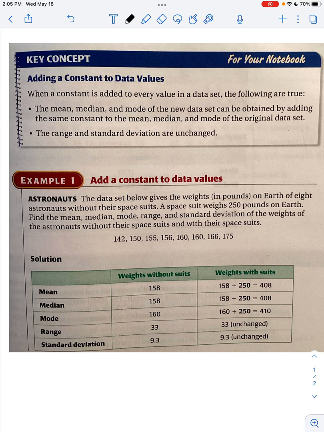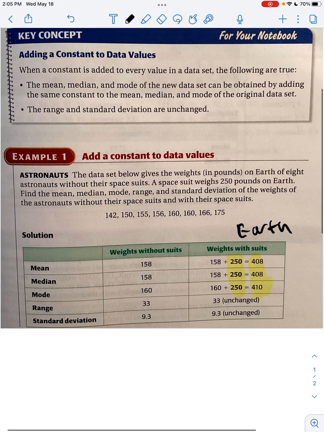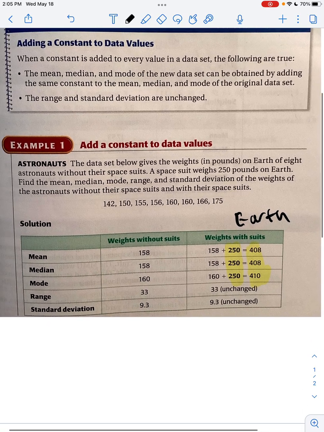Now, if they add that additional 250 pounds on Earth, instead of recalculating the mean, the mode and the median, they just added 250 to what they previously had. The range and the standard deviation do not change.